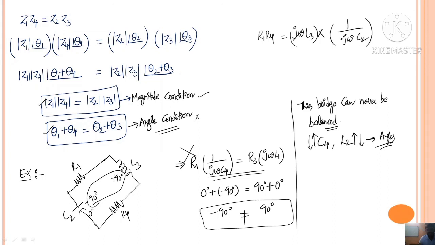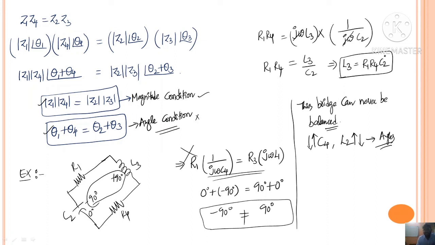So j omega gets cancelled. You will have L3 by C2 is equal to R1 into R4. If I want to measure this unknown inductance L3, L3 is equal to R1 R4 C2. Very simple. So you got a very simple balance condition.